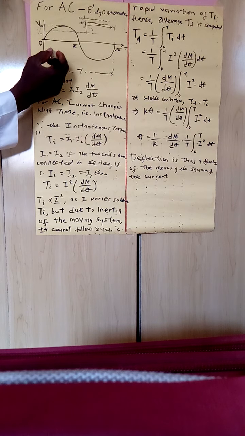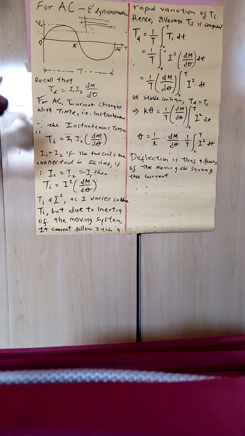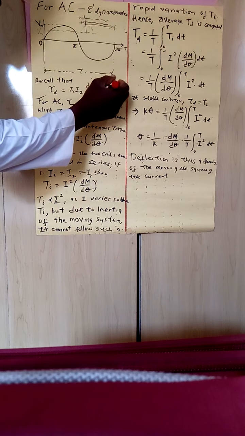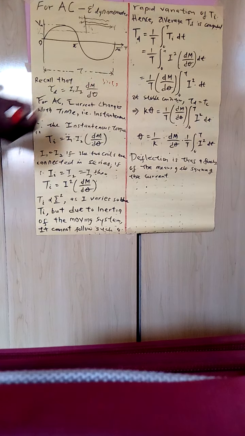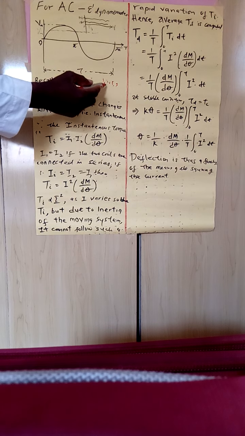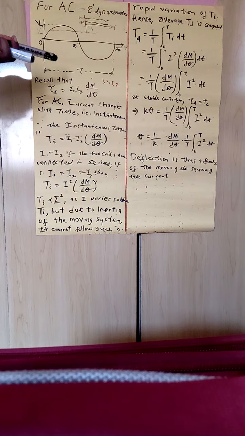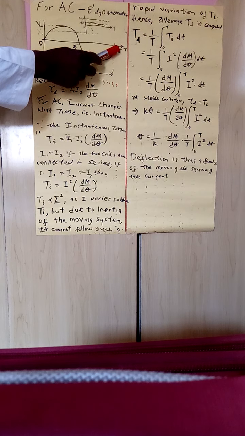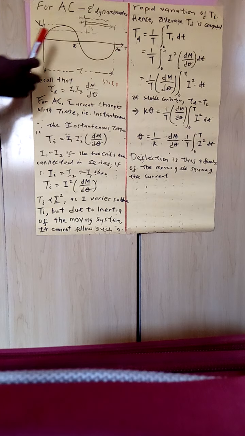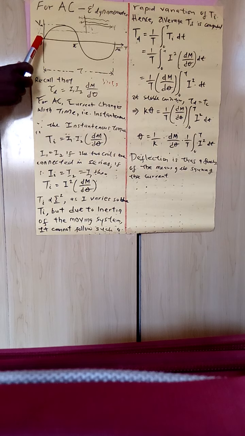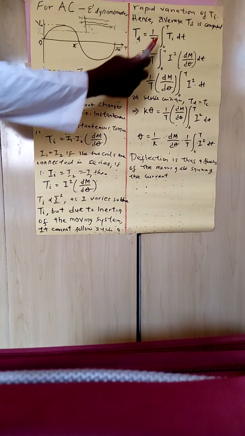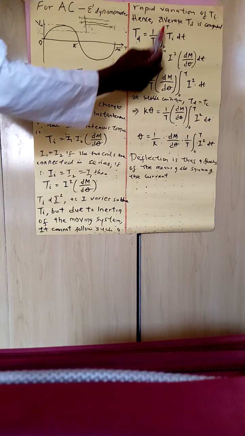Just like if you have 1, 2, 5, 9 and you want to find the average, you take the sum and divide by the total number. Now we are looking at a complete cycle from 0 to 2π, 360 degrees, or 2π radians. It means the average is going to be the summation of all of this, in integral form, from 0 to 2π.